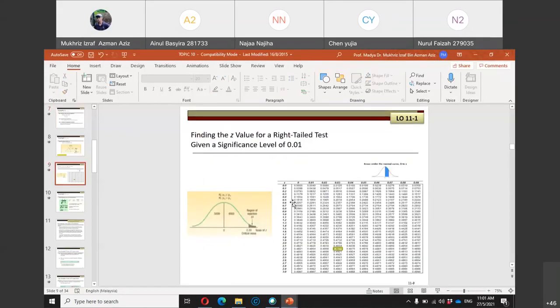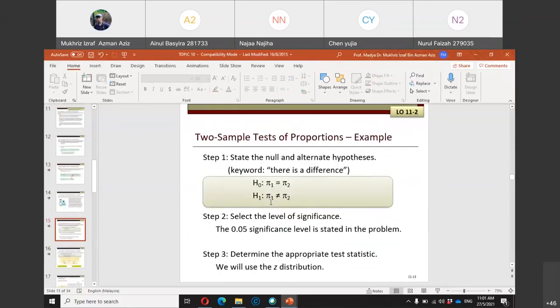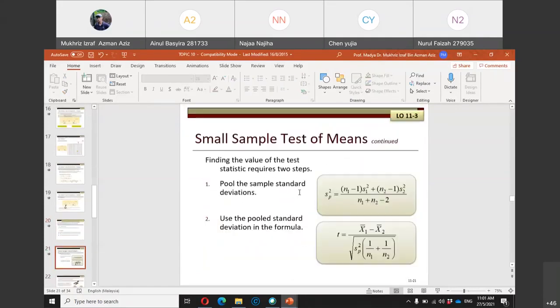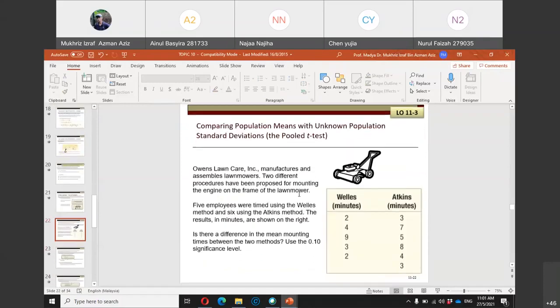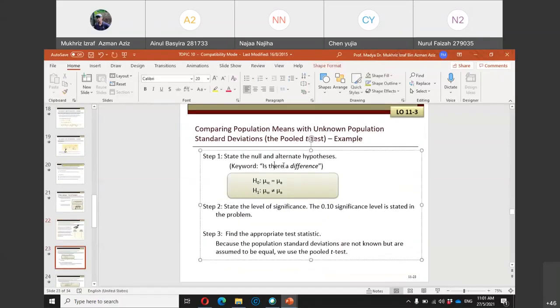But for a two tail test, using the keyword "is there a difference?", there could be a difference in approach between different students. This is proportion, which we haven't discussed yet. In this particular example, is there a difference?